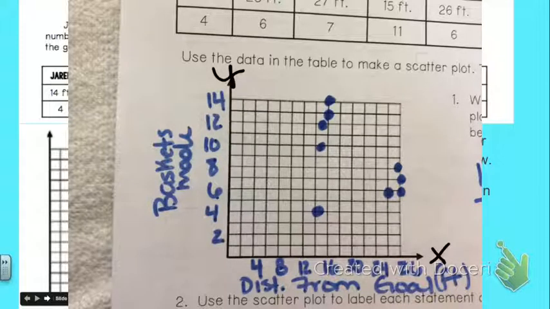I have my graph labeled, so I have 4, 8, 12, 16, 20, 24, 26, and 2, 4, 6, 8, 10, 12, 14. I want you to pause the video and label your graph on your paper to look just like mine, and then we'll continue on.